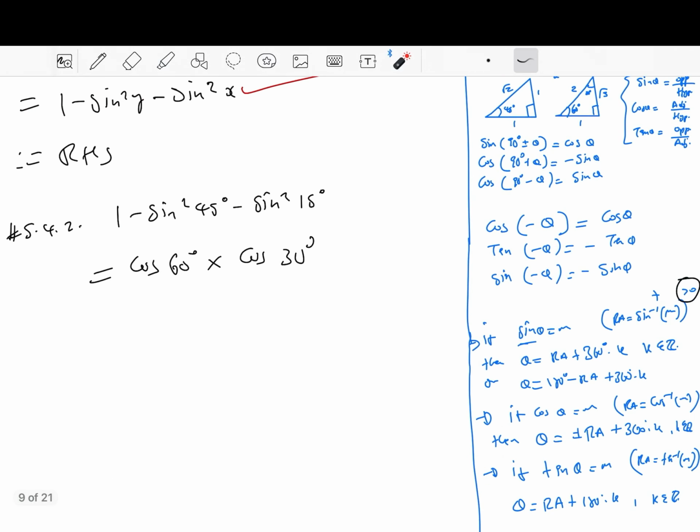So cos 60 is 1 over 2. Cos 30 is square root of 3 over 2. And it's going to be square root of 3 over 4. Boom.